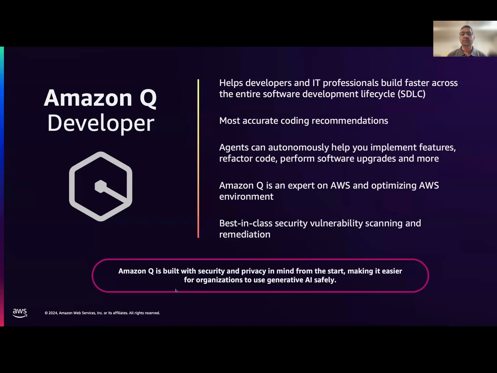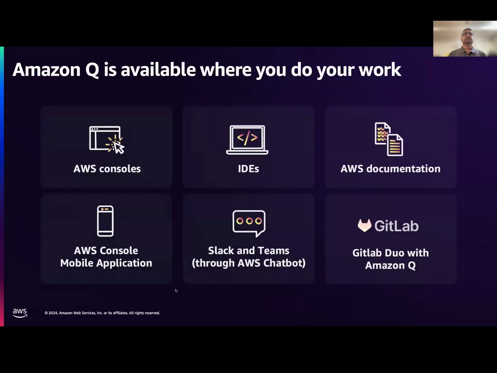Okay. So with Q, we are taking more of an end-to-end approach by solving problems across the development cycle, which we have seen in the previous slide. So where can you find Q? You can find Q all over AWS. You can find it in the AWS console. If you are a developer, you don't need to go out of your current development environment, that's the IDE, where developers spend most of their time.